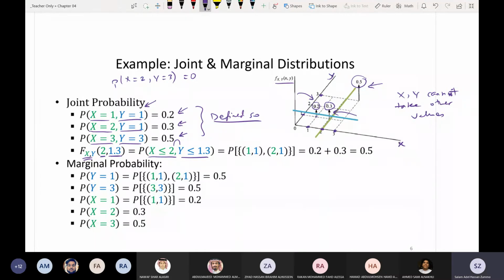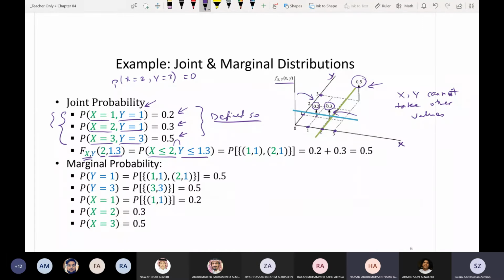Is that clear, guys? Clear, Doctor. And from here we ask ourselves, when does x become less than or equal to 2? From this distribution, the joint probabilities. When does x become less than or equal to 2? The first two options, this one and this one. And when does y become less than or equal to 1.3?